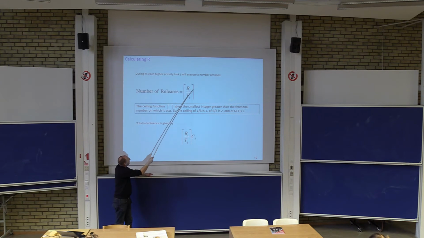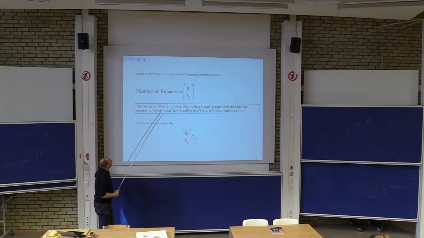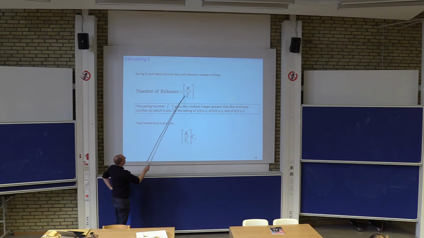So for every time we compute I, we will be interrupted a number of times by higher priority tasks. If we take the ceiling function of this ratio, it means this will be the smallest integer that is larger than this ratio.